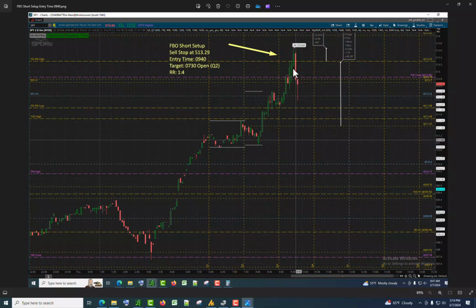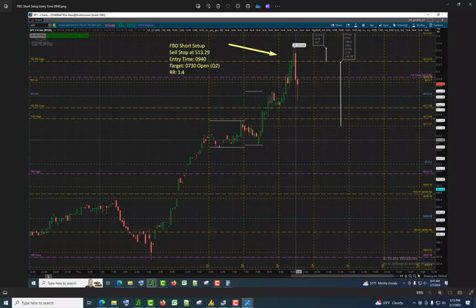Yeah, we had an idea to go short right here, because it's going to be a sell stop at 29, and we target the sell side right here or the open. But it did not work out. We didn't take this trade, by the way.